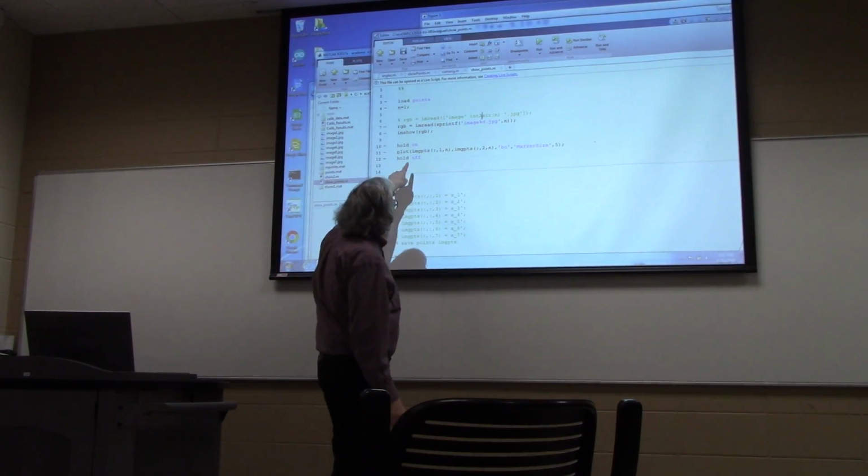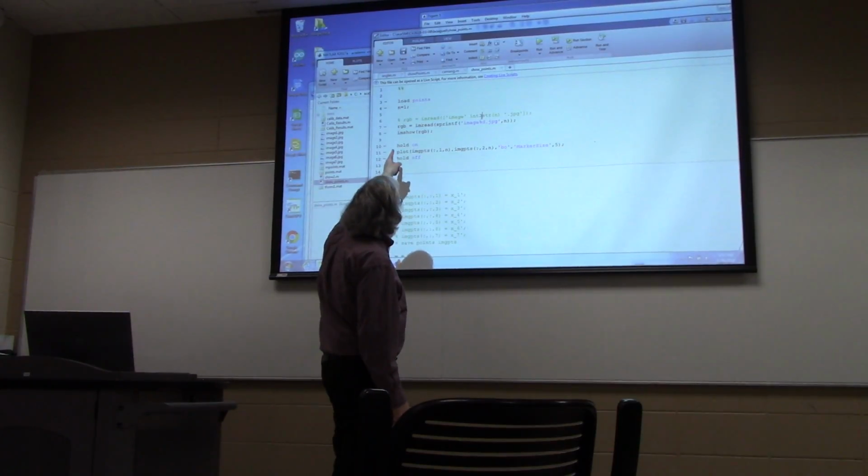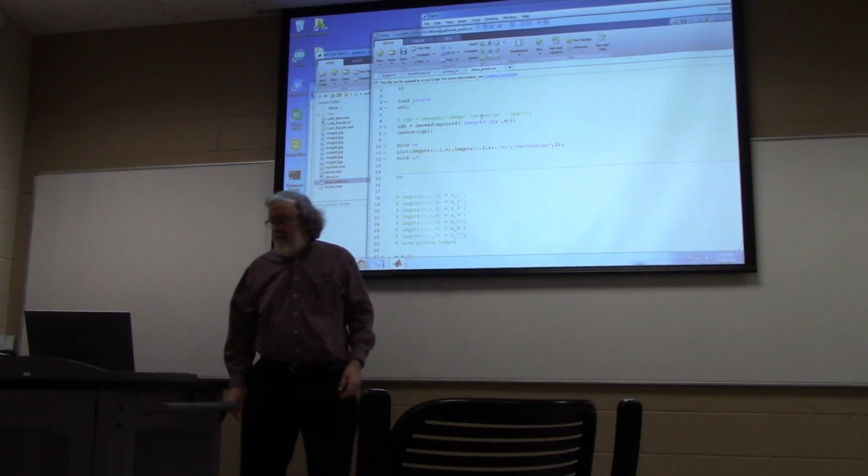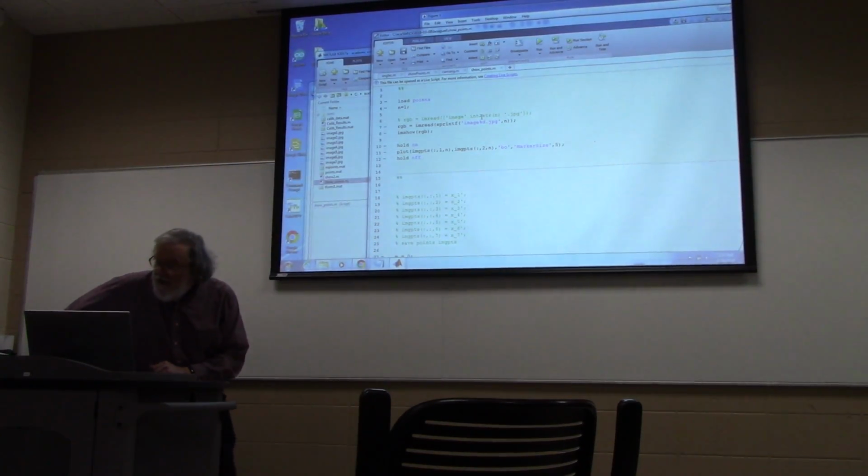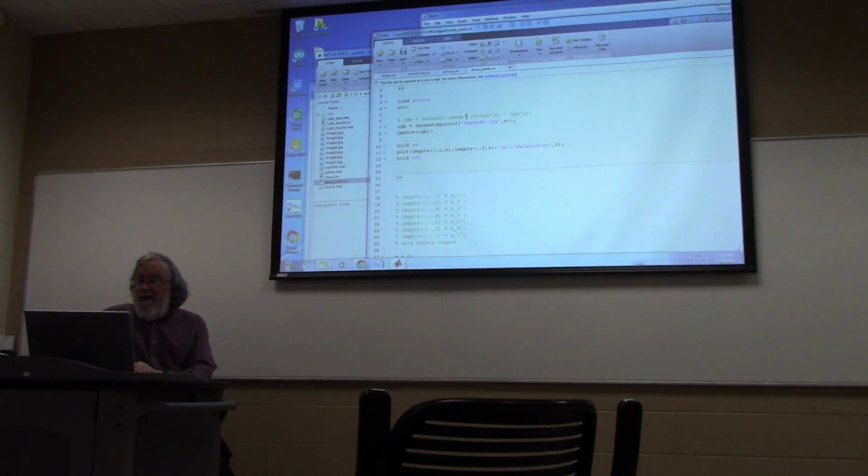At any rate, we're going to take one of the images. This is the first image, and I'm going to read it in. Then I'm going to show the position of the corners, which ended up being selected. So I'll run that section.